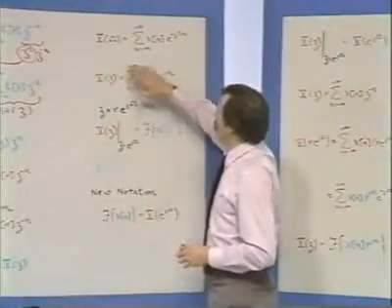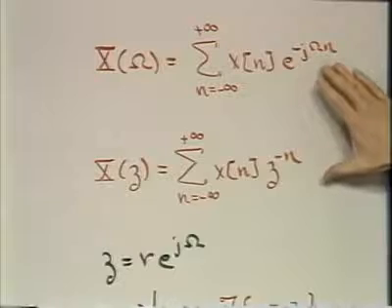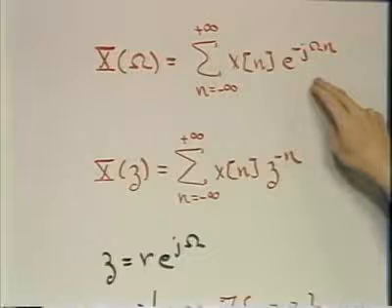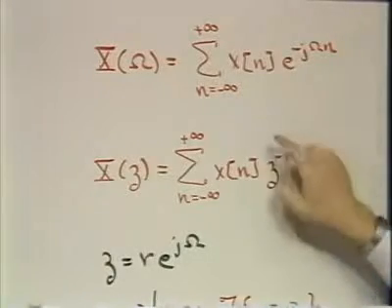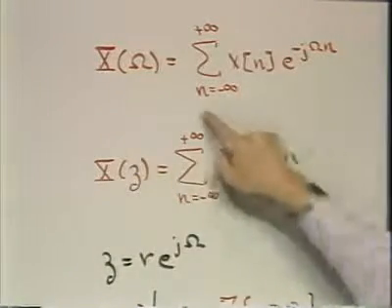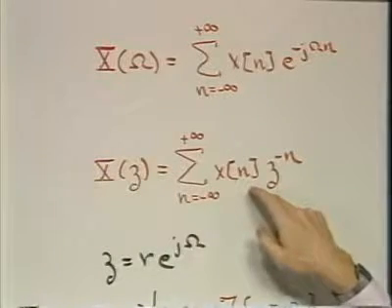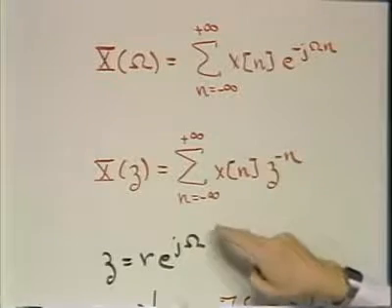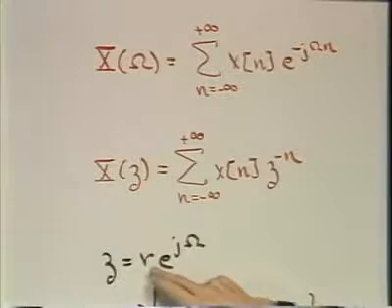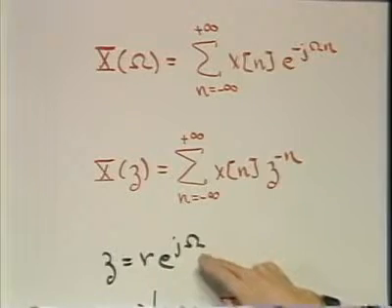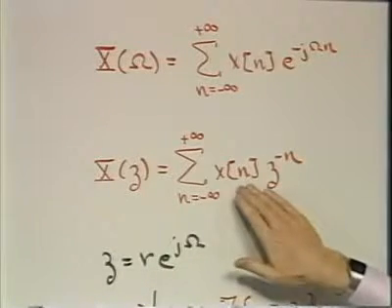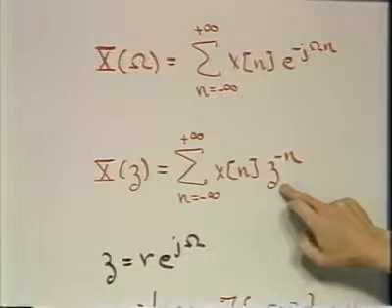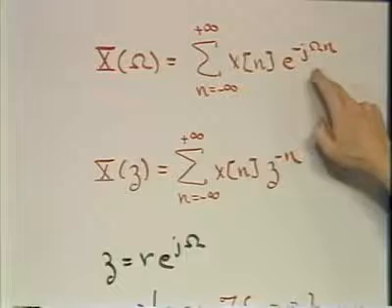First of all, what we recognize is that if we compare the Fourier transform expression for a sequence and the z transform expression for the same sequence, they involve essentially the same operations. And in fact, since z is of the form r e to the j omega, if we want this sum to look like this sum, then we would choose z equal to e to the j omega.